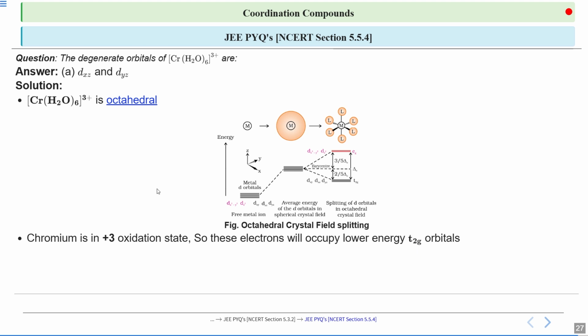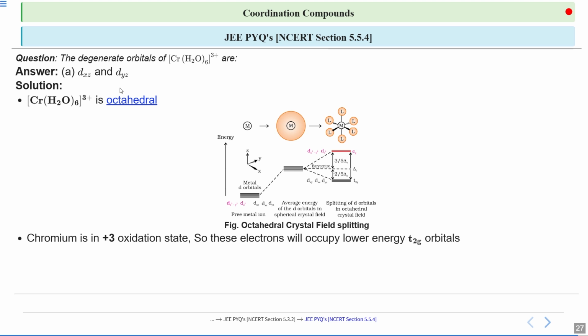Chromium is in the +3 oxidation state here, because the water molecule is a neutral ligand, so its charge is 0. So the overall charge on the complex is equal to the charge of the central metal atom, that is chromium.